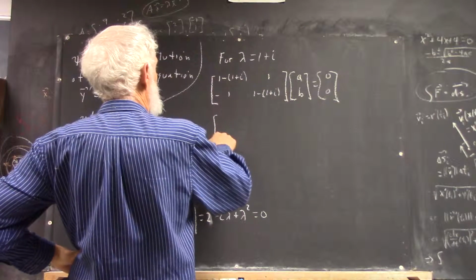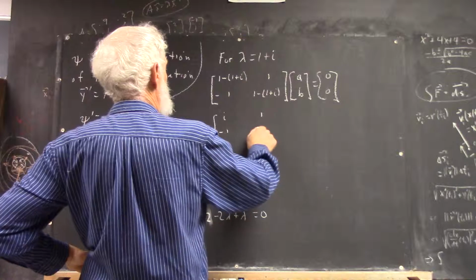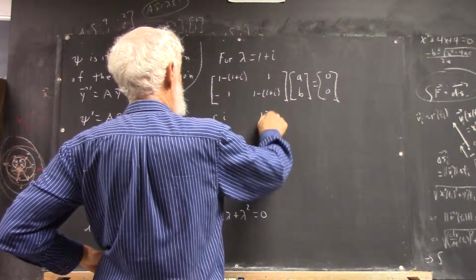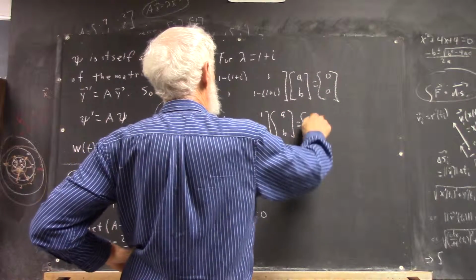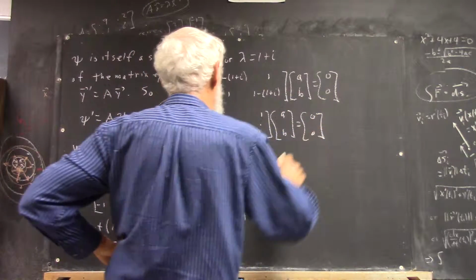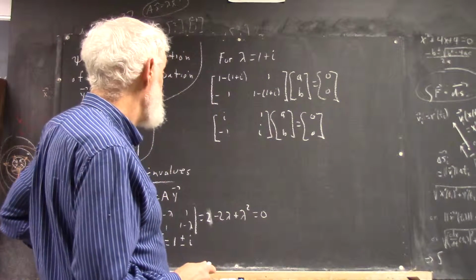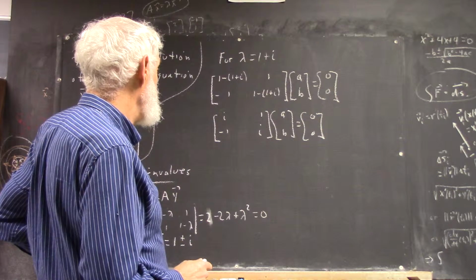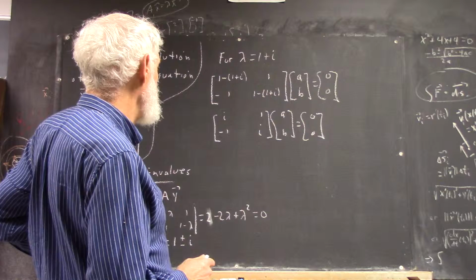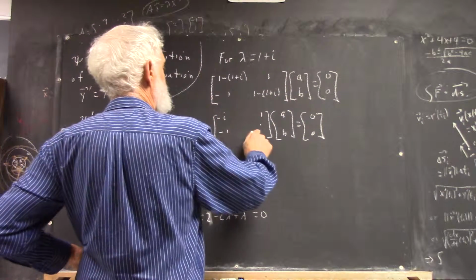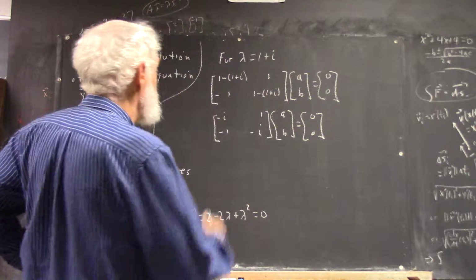And then we simplify this, and we get negative I, 1, negative 1, negative I. Okay? And it should be negative I, I think. Okay? This gives us 2 equations.